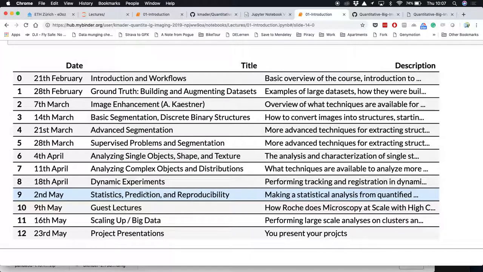And then statistics, prediction, and reproducibility. Once you've done all these analyses, how can you start to draw conclusions from them and analyze them in a reasonable way? Then there'll probably be a few guest lectures. The exact schedule of that isn't fixed yet. And then scaling up and big data.